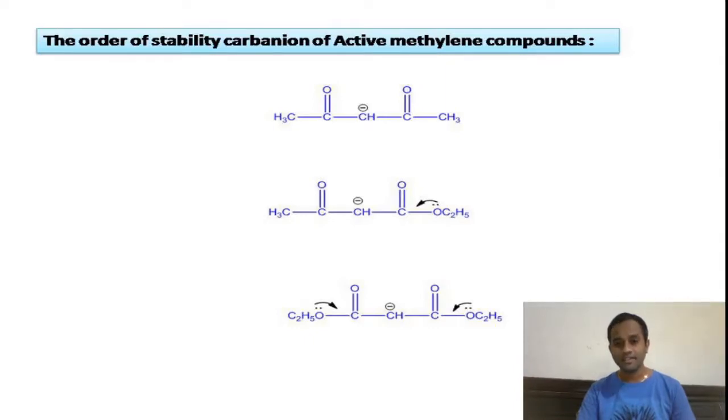In the third example, malonic ester, due to the presence of two +M ethoxy groups, this carbon anion is less stabilized. Whereas the first one, acetoacetone, is more stabilized, right?